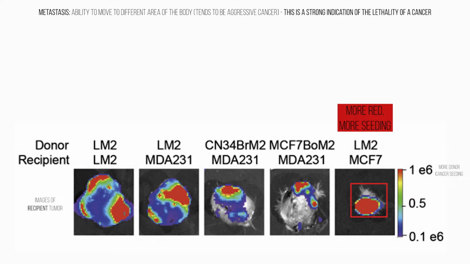So that means that the highly metastatic cancer cells that are coming from the donor are populating this lower metastatic cancer to such a great degree that it's essentially overcoming the fact that it's a low metastatic cancer, as it's starting to really build up the density of those donor cells.